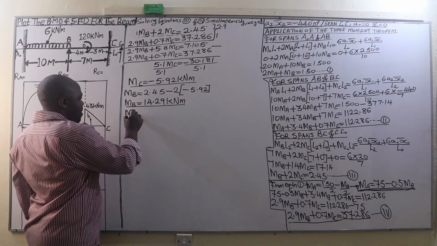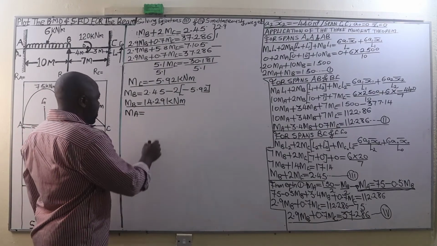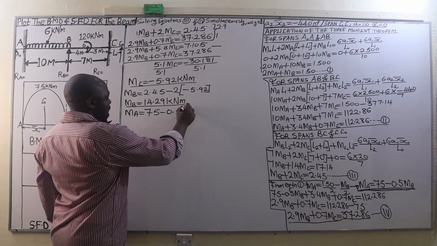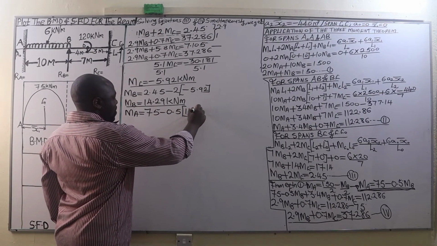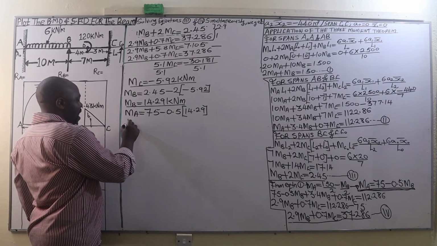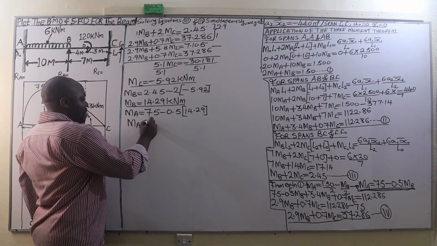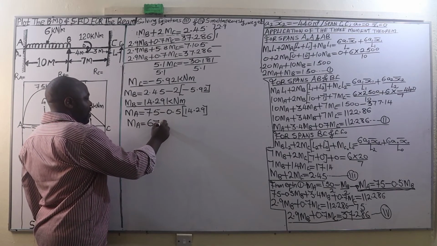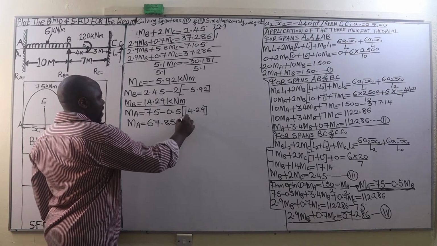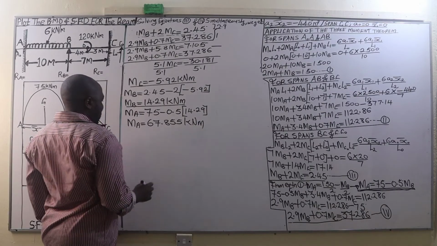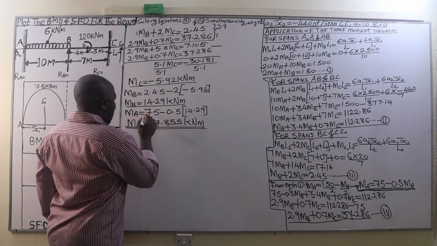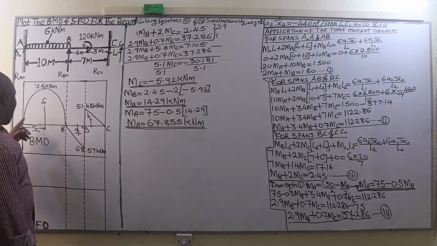Therefore, the bending moment at A will be given by 75 minus 0.5 MB, and MB is 14.29 kilonewton meter, and that is going to give us a bending moment at A of 67.855 kilonewton meter.